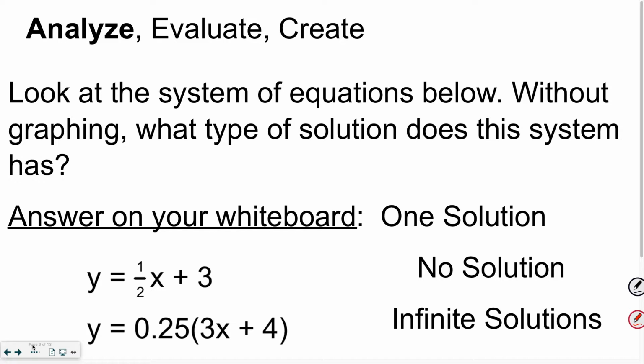Think about what you're looking for. I like how you're trying to visualize how the graphs would look in your head, similar to what we talked about with the pandas. One of them started at a lower weight and grew faster, and the other one was more to begin with, but then didn't grow as much. Good idea to think of that in your head, especially when you do have to graph. What else are you looking at specifically to identify that there must be one solution?